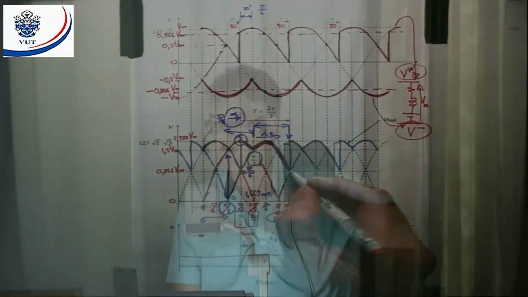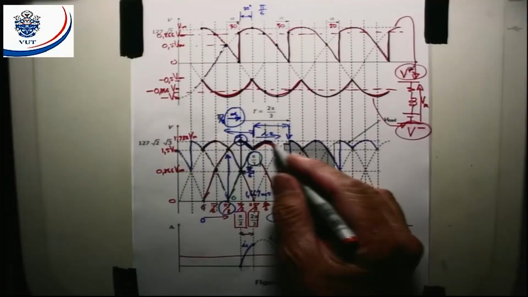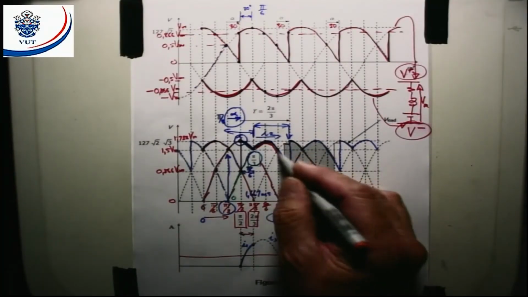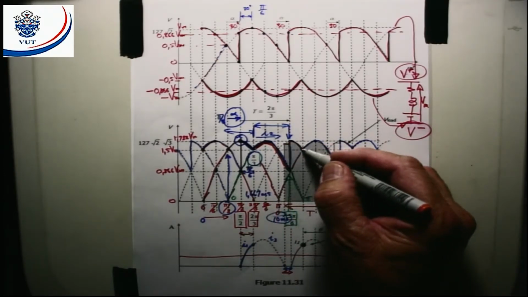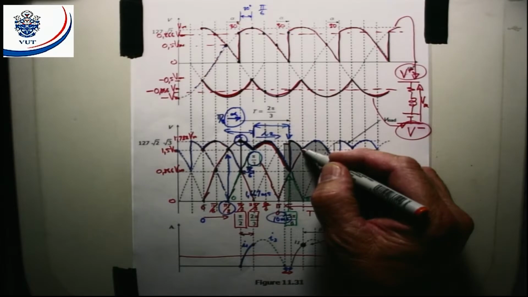Where is the furthest point that I can go on this phase? Sorry, this line voltage. It is there where I am going to switch over to the next line voltage.